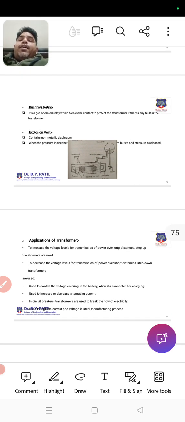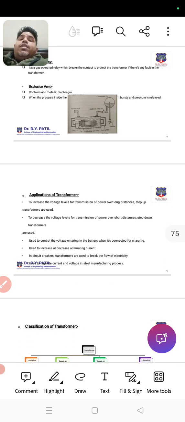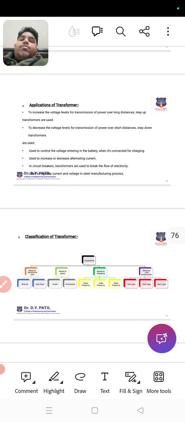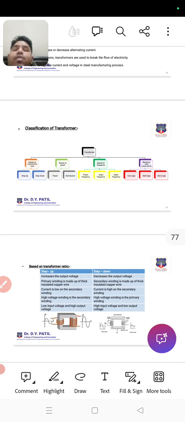The Buchholz relay is a gas operated relay which breaks the contact to protect the transformer if there is any fault in the transformer. The explosive vent contains a non-metallic diaphragm, as shown in the diagram. Then the application of the transformer, which we have already learned.